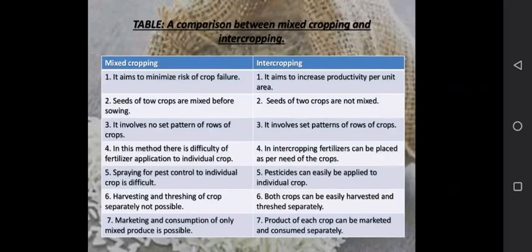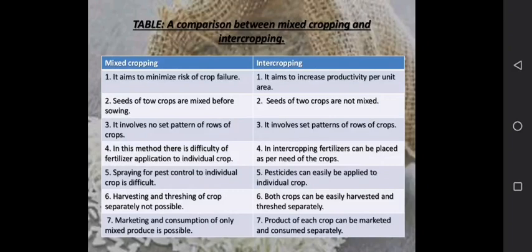In mixed cropping, there is no set pattern of rows of crops, whereas in intercropping, there is a set pattern of rows of crops. In mixed cropping, there is difficulty of fertilizer application to individual crops, whereas in intercropping, fertilizers can be placed as per need of the crops.